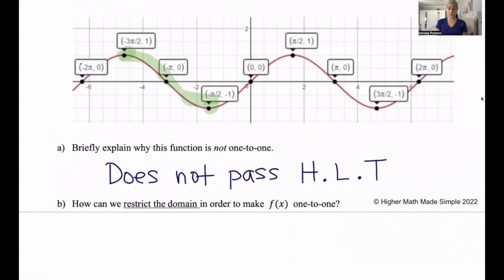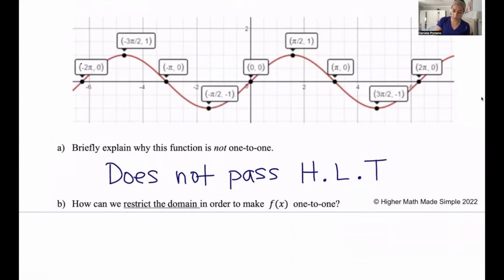But in math, we love to center things around the origin, and we also like positive numbers. Similarly, between positive pi over 2 and positive 3 pi over 2, that arc is also one-to-one.